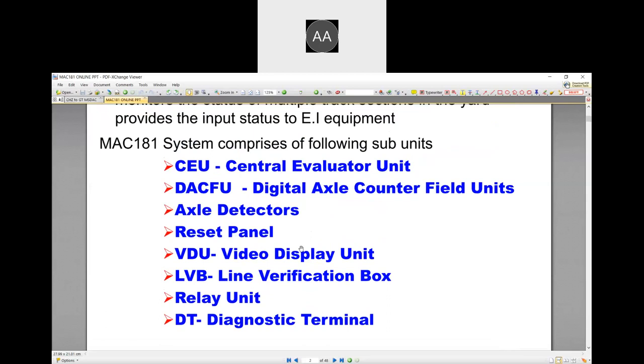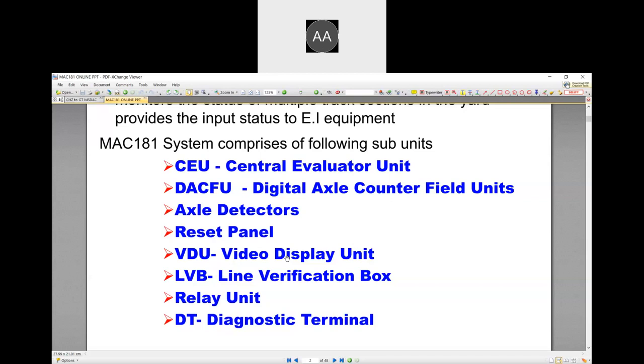So this VDU is separate, or is it used in the existing VDU? The VDU can be used in the existing one as well, because we do have a provision to provide a reset panel in the SM room. But if the yard is a bigger one, in general they prefer a VDU. So both options are possible. No, actually, VDU means the EI VDU, or a separate VDU for the axle counter? A separate VDU will be provided.